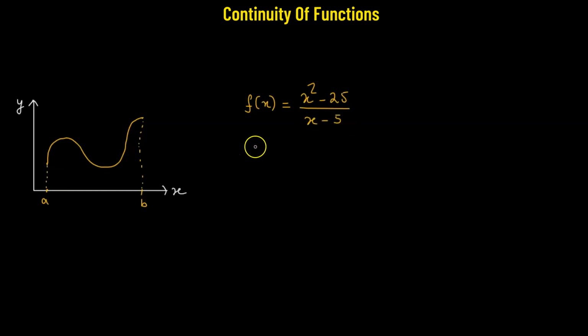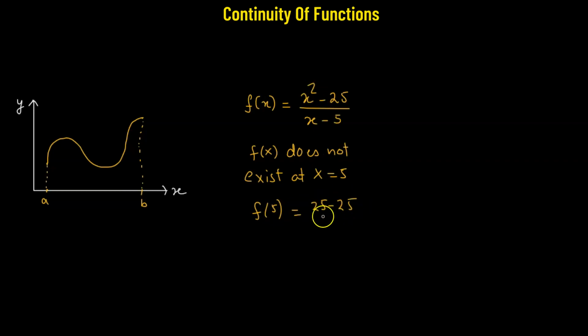We see that this function does not exist at x equals 5. If we substitute 5, we have 5 squared, which is 25, so 25 minus 25 divided by 5 minus 5. This gives us an indeterminate form 0 over 0. Indeterminate form means we cannot determine the value of the function at this particular point.